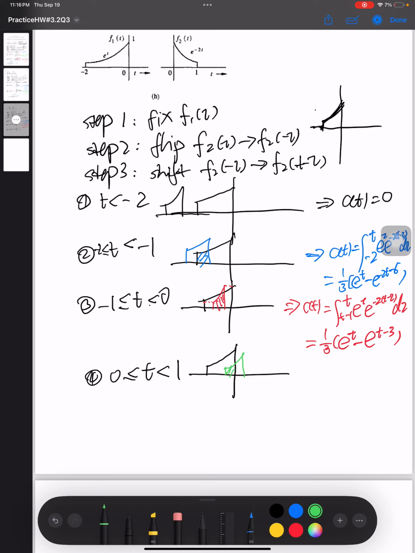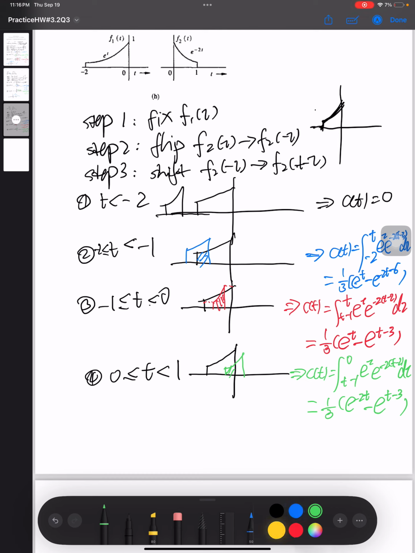So the overlap is in this area, so the integral for c(t) has an upper limit of 0, from t minus 1 to 0. So it's still e to the tau times e to the minus 2(t minus tau), and it equals 1/3 (e to the minus 2t minus e to the 2t minus 3).